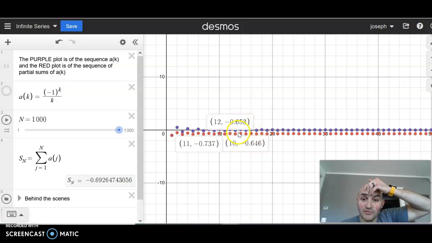So it's like we've grown further away. This term right here is further away than this 10th term there. So that's kind of interesting, continuing this pattern. The 13th term is still further away from 0 than the 12th and the 10th, but not than the 11th. So I was thinking about this.